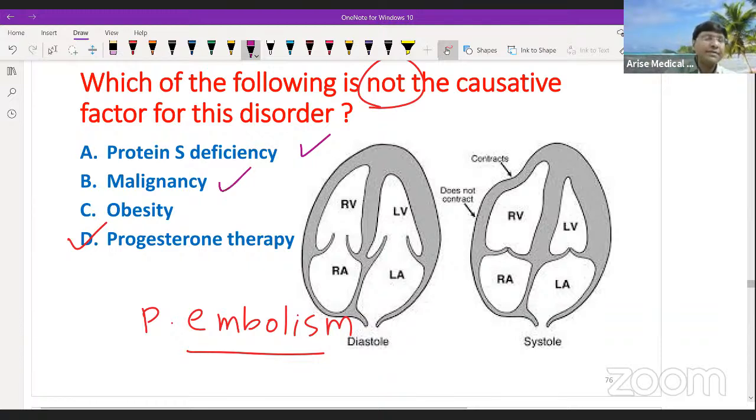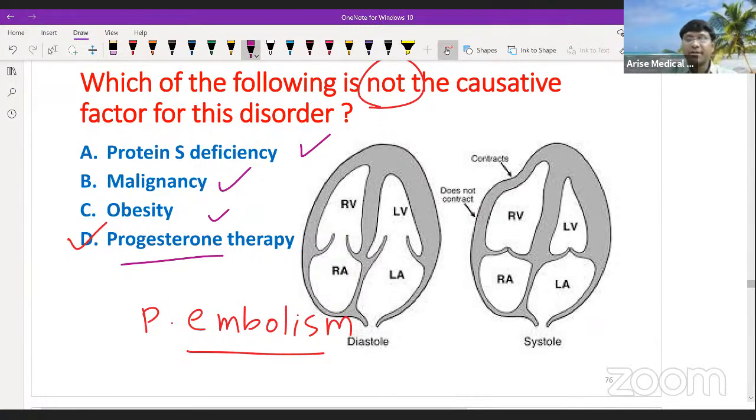So even in malignancy, you can have the development of pulmonary embolism. Next, obesity is also a risk factor for the development of pulmonary embolism. Okay. And progesterone therapy is not a hypercoagulable state.